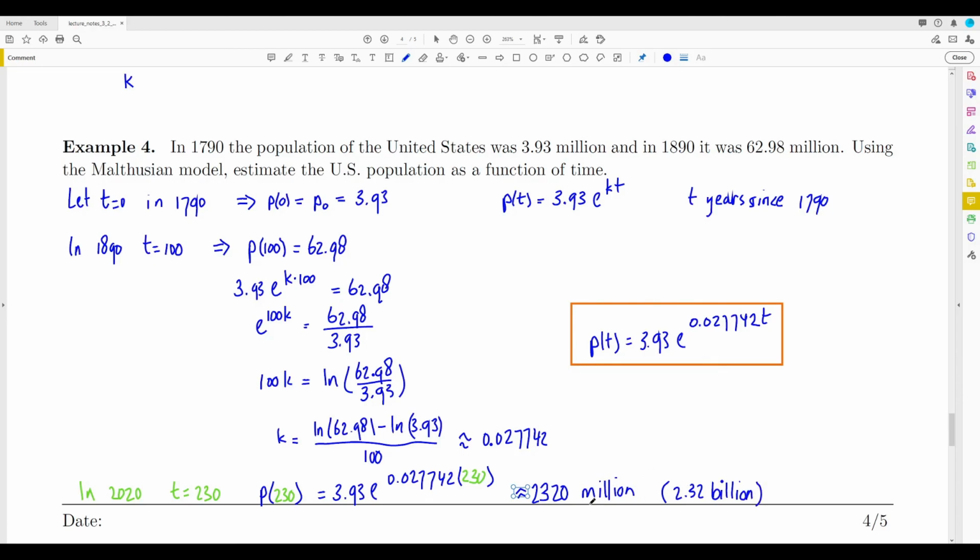Now, that's a number that's way too big, so that really shows you the limitations of this model, where you have unchecked growth, and that is not something that is useful here.